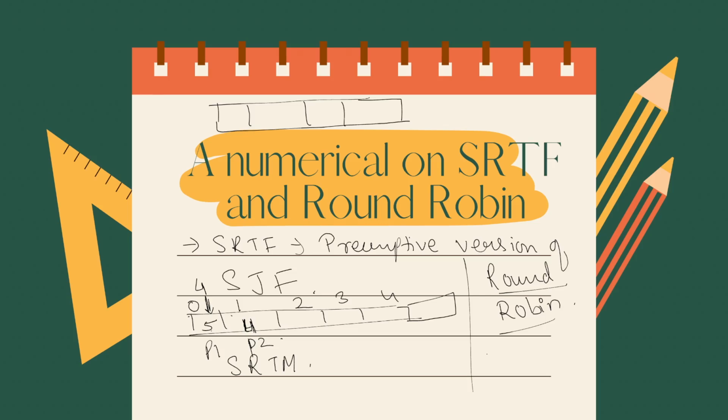So if I say 5 is the quanta, I have to give 5 units of time to every process, and it does not matter whether or not this process has completed its execution, you have to skip to the next one as soon as this time limit of 5 completes. So this is how we move on in the case of round robin scheduling. So I hope you all have solved this numerical perfectly.